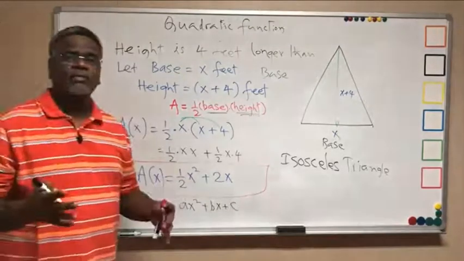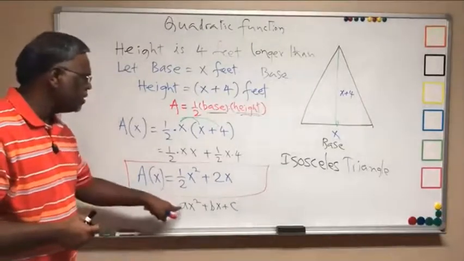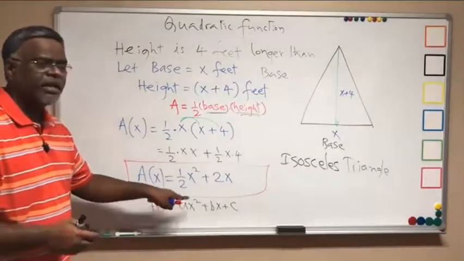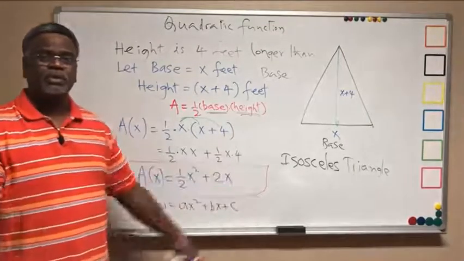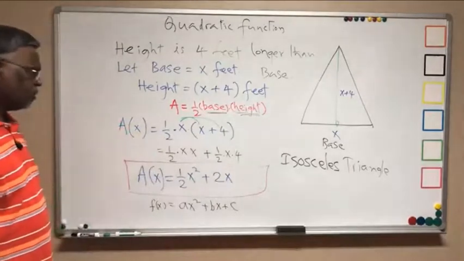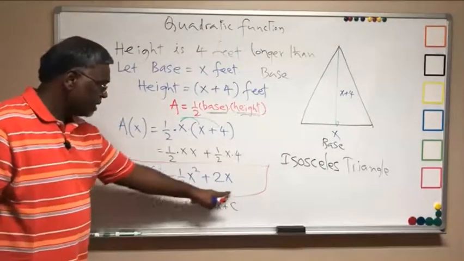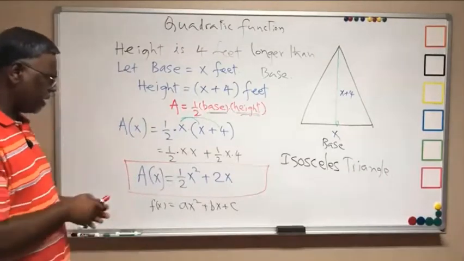You know very well the only condition for the standard form of a quadratic function is that a should not be 0. They didn't say that c cannot be 0. c can be 0, and that's the y-intercept; it can be the point (0, 0). So this function is the standard form of a quadratic function.